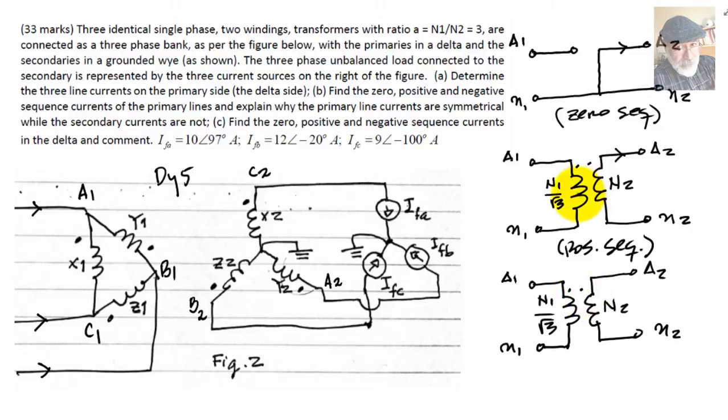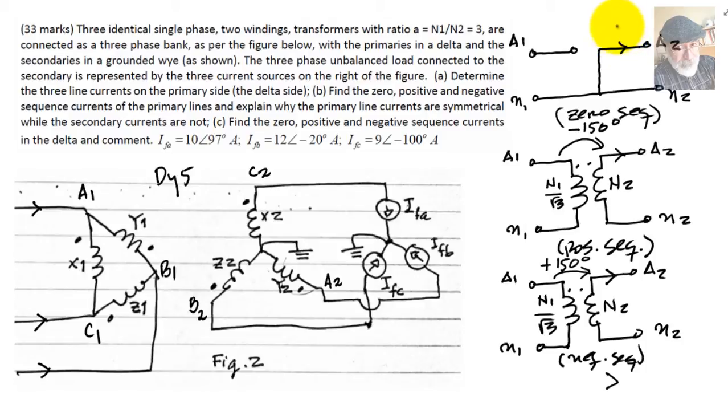In this equivalent single-phase transformer for the connection DY5 for the positive sequence, there was a phase shift going from the primary to the secondary of negative 150 degrees. That is negative 5 times 30 degrees. And for the negative sequence network, the phase shift had the opposite sign, positive 150 degrees.